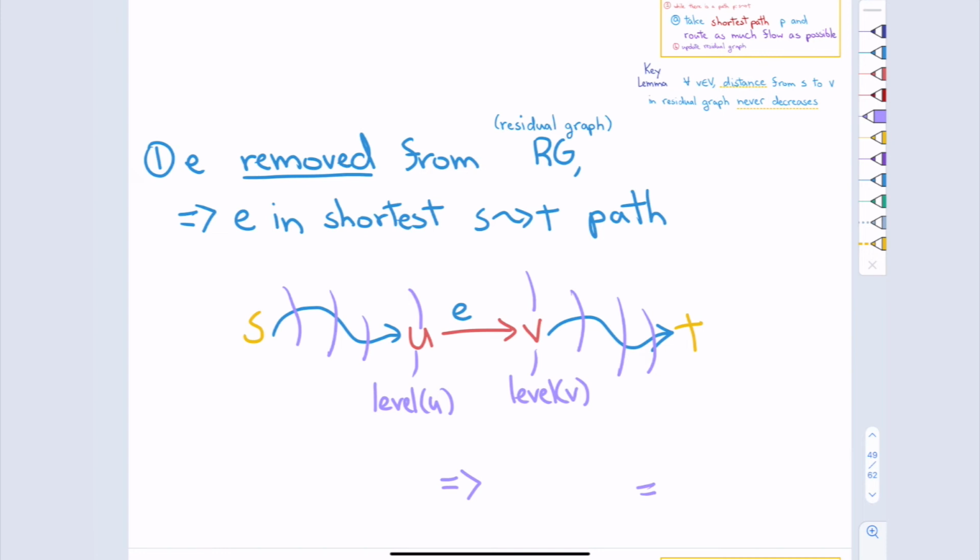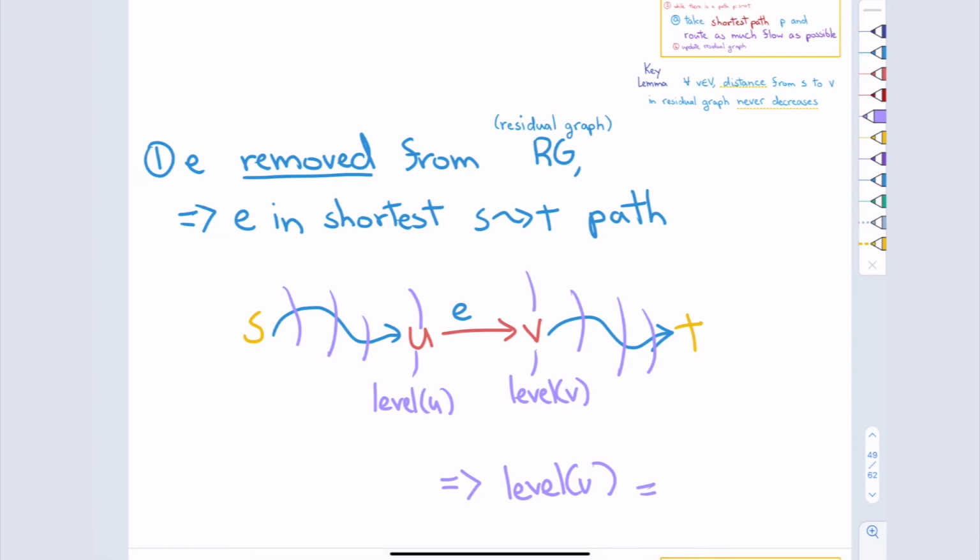Because I pushed as much flow as possible, and it used up all the capacity in E. But just knowing that this edge was in the shortest path, I know that level V, the BFS layer, is exactly 1 after U. So every time E disappears from the graph, that means it had just appeared in the shortest S to T path.